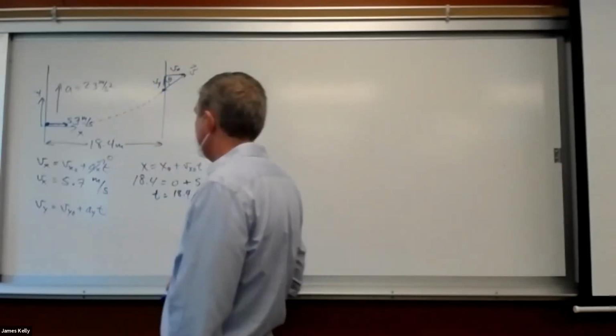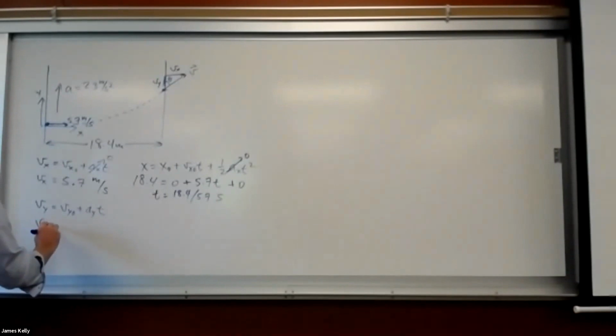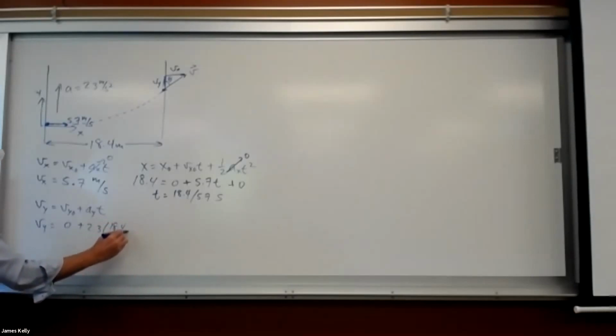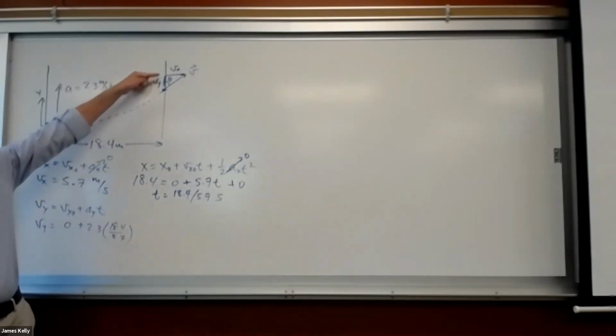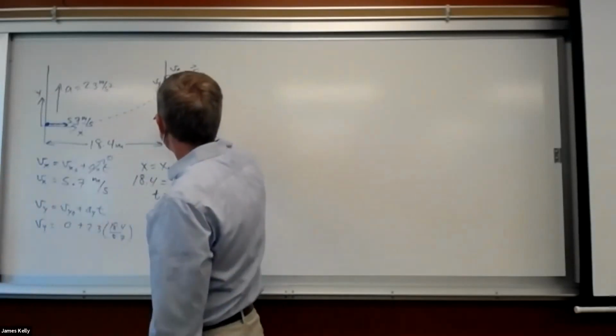That number of seconds. And then I can substitute down here to find Vy final is, well, it started off with 0 y velocity component. Ay is 2.3, and whatever that number is. So now I know Vx final and Vy final. I know the sides of this right triangle, and I'm going to use tangent of theta is opposite over adjacent.